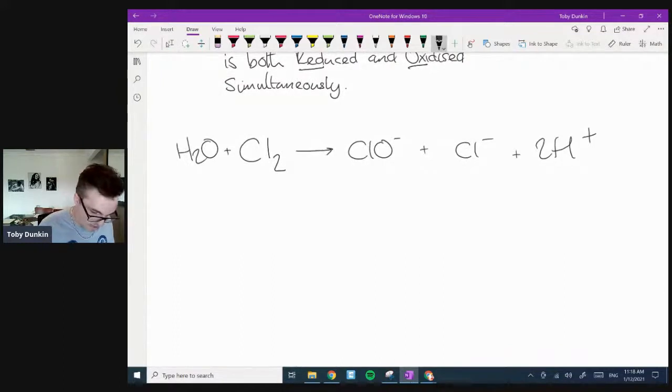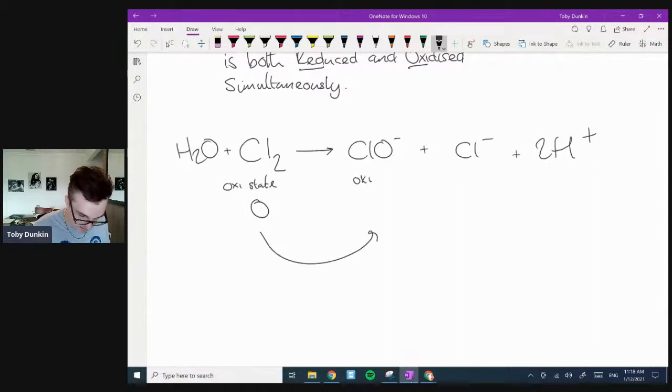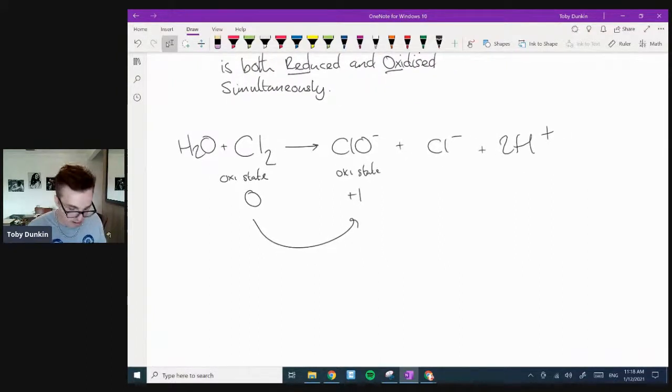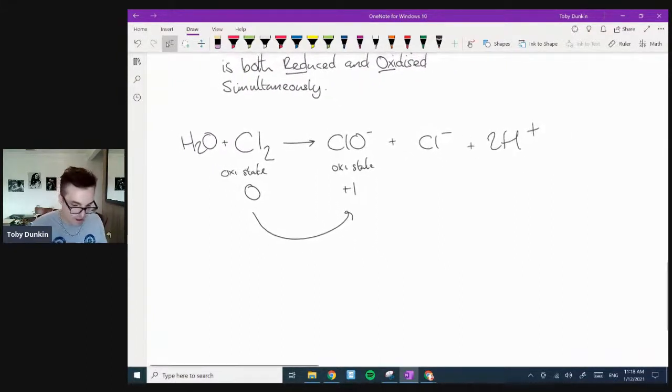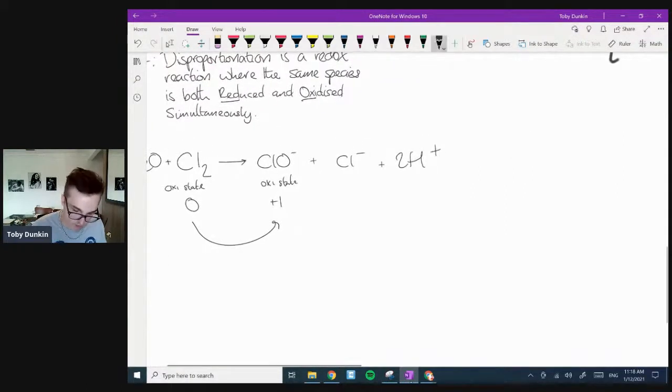So we're going from an oxidation state of 0 going to an oxidation state of +1. So I agree with Shazza. So that's going up. Now we're going to use what's called the Redox Ladder here, folks.